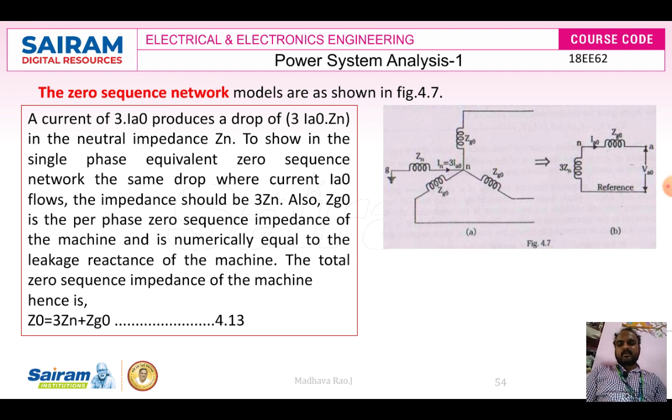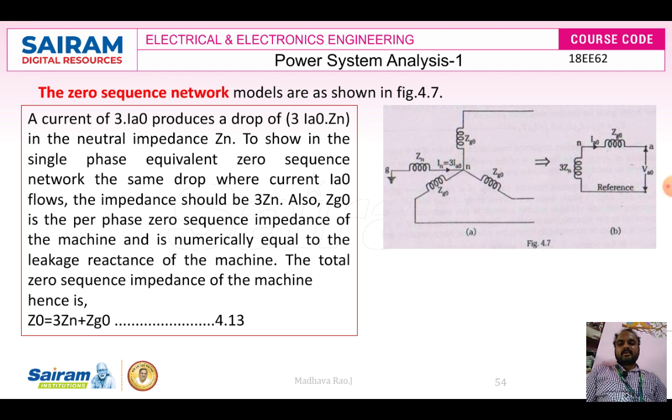So here what we have concluded is that Zg naught is the per-phase zero sequence impedance of the machine and is numerically equal to the leakage reactance of the machine.